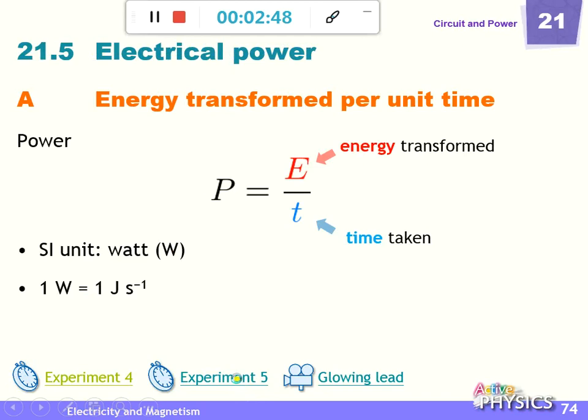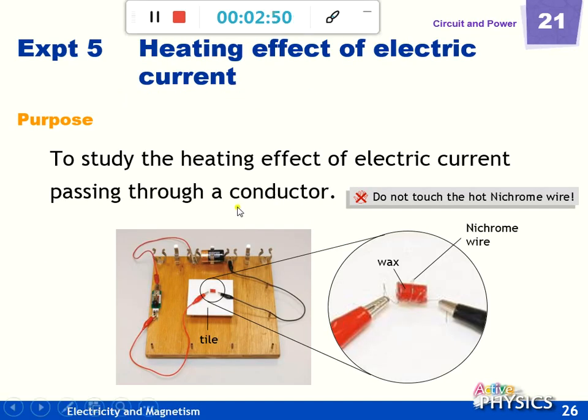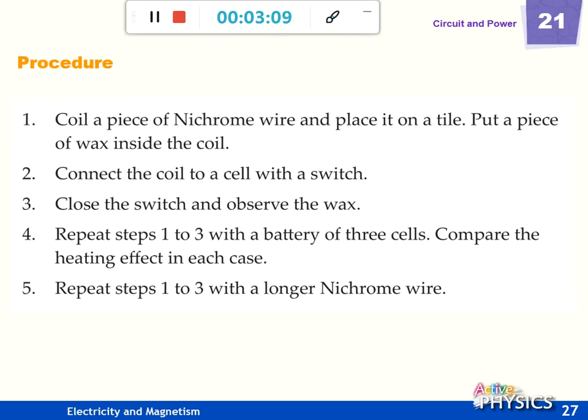Okay, next experiment. This one is the heating effect. Because in the last experiment, we know that other than the light coming from the light bulb, we also have heat coming from the light bulb. So here we want to study the heating effect of the electric current passed through a conductor. Procedure. We have the nickel wire.